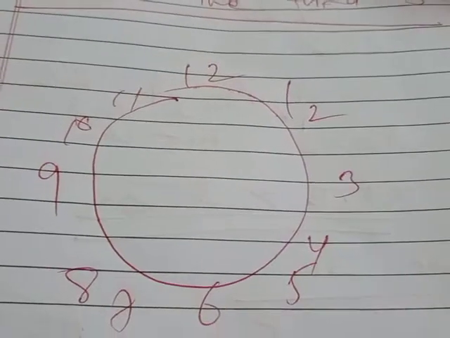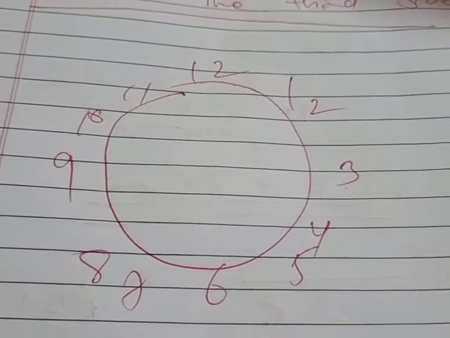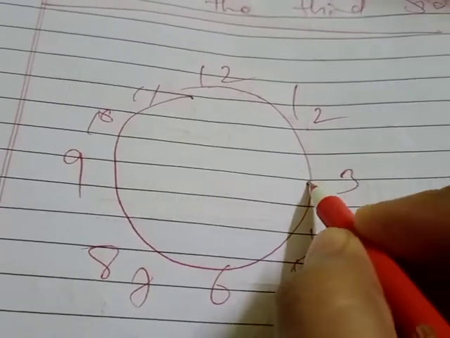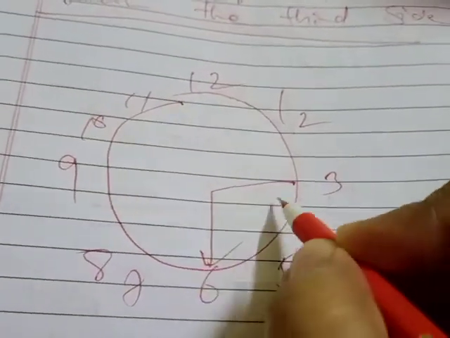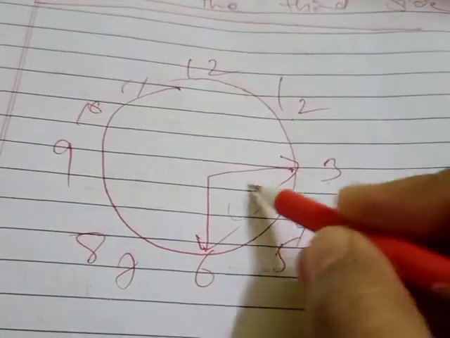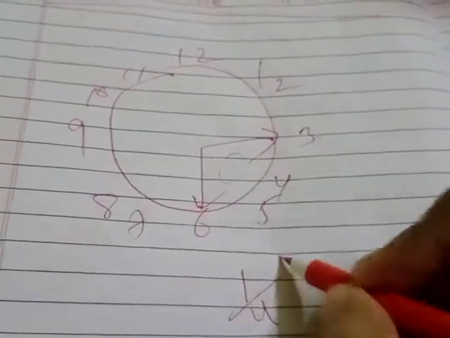We have to draw in this 1/4. 1/4 means 1 right angle, right? So from this 3, like this. Can it be known as 1/4? Yes, because this is one right angle and this is 1/4.